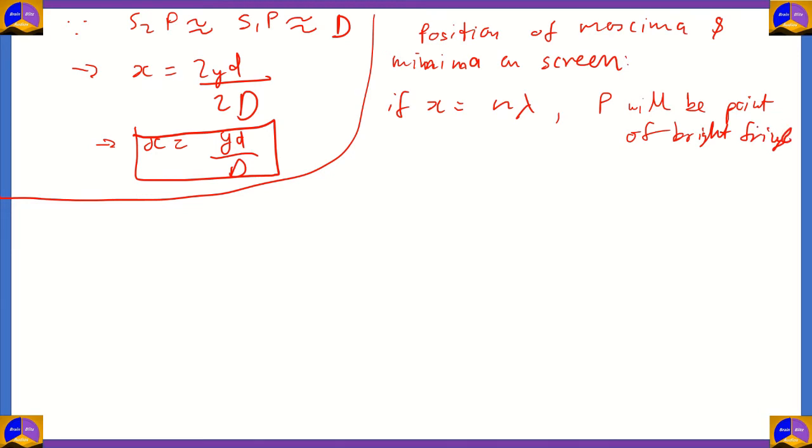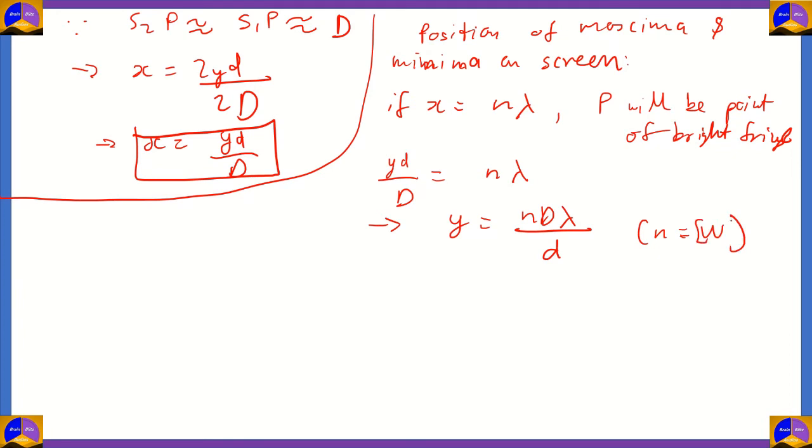Therefore, you can write yd by D, the path difference, equal to n lambda. That means y equals n D lambda by d, where n is a whole number: 0, 1, 2, 3, 4, etc. When n equals 0, y0 equals 0.